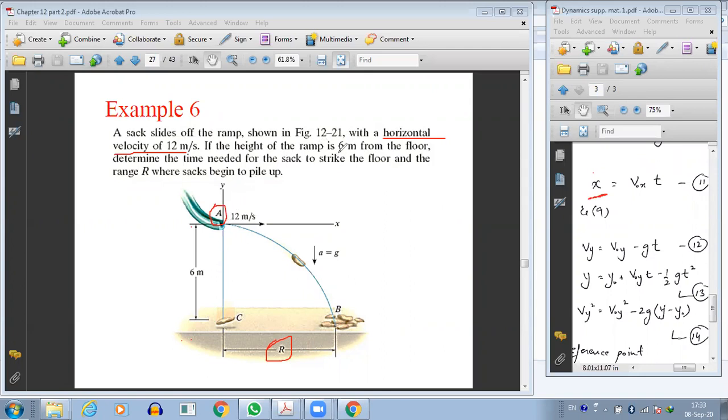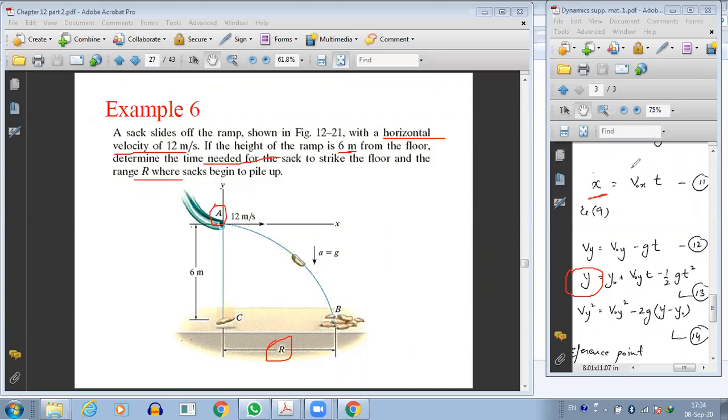If the height of the ramp is 6 meter, so this is 6 meter, so our Y will be -6. You get it? From start to the end point, it's going down. So Y will be -6. So we need to find the time needed and we need to find the range. Then the rest of the problem is the same as before.